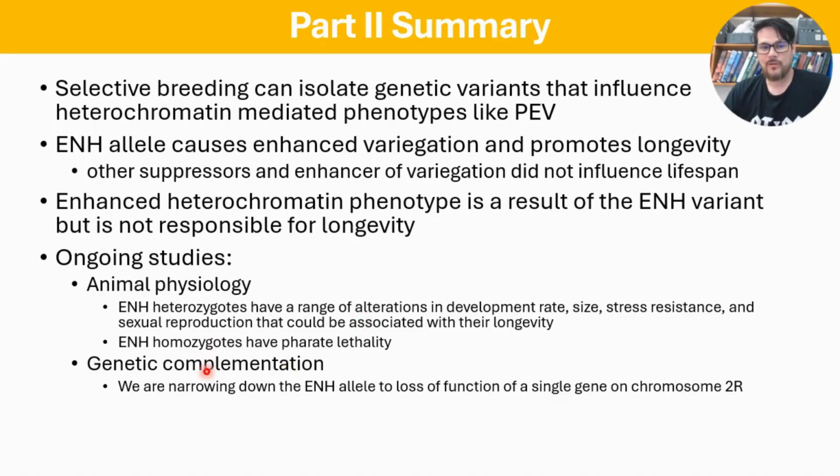And we're also working on genetic complementation, which is allowing us to narrow down what specifically our ENH allele is that we've selectively bred for, which leads us to believe that it could be a loss of function mutation, specifically in a cytogenetic band within chromosome 2 that contains about 10 genes or so. So we're getting close to being able to narrow it down to one specific gene, and hopefully we'll be able to have a bit more information on that soon.